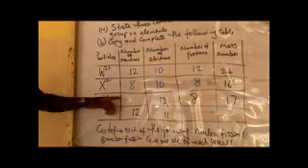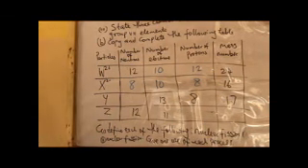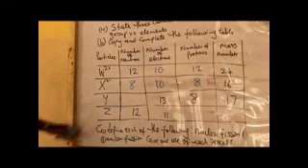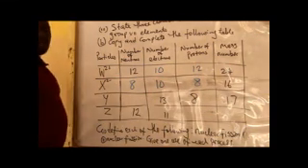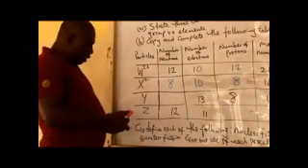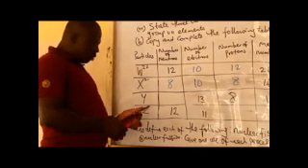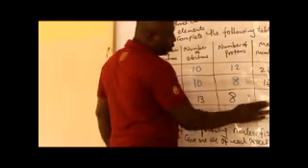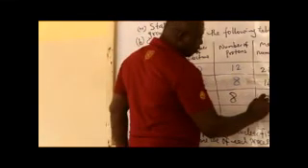Then the next one, they said Y. What will be the number of protons here? The mass number minus the number of neutrons will give us the number of protons. Let us subtract it and see what we have. Sorry, the mass number is not 17, it is 27.